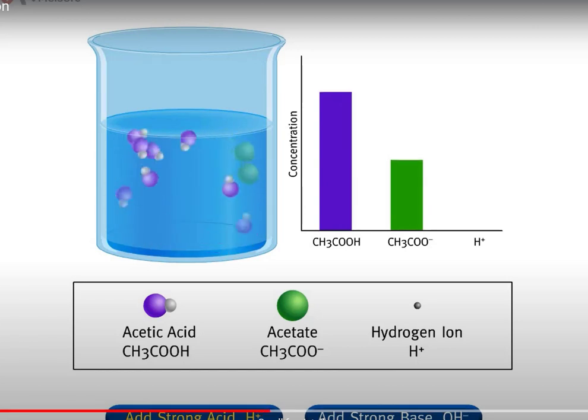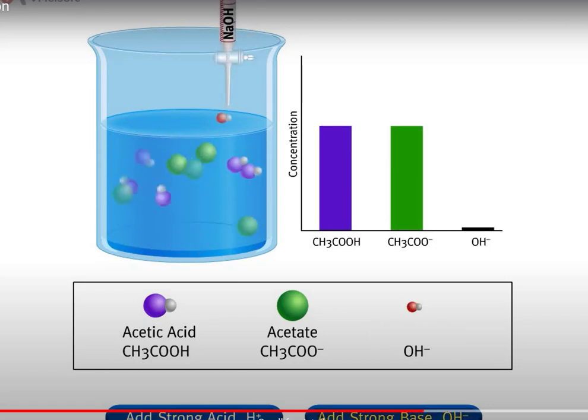All right, so we're going to let this go here, and then in just a minute, it's going to reset. And in the next case, the exact same thing is going to happen, except we're going to add sodium hydroxide, NaOH, instead. So what do you think is going to happen whenever we add sodium hydroxide?